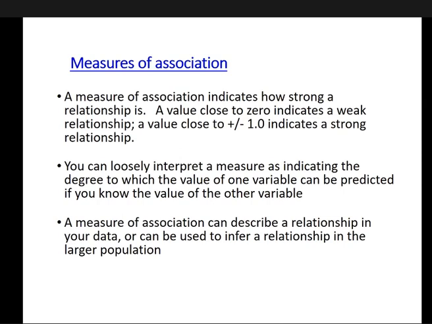Because you can measure the degree of association, you can have a loose interpretation that since this variable is at this level, then the other variable should be roughly at this other level because of that measure of association, implying that it describes a relationship in your data and can be used to make a conclusion on a larger population.